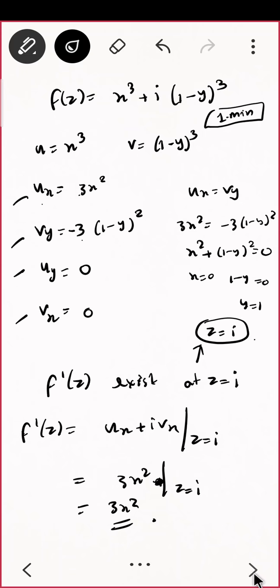Nice. Okay. Now I have already told you, when you are given z equal to x plus iy, correct? Can you write x in terms of z and y in terms of z? Can you do that?